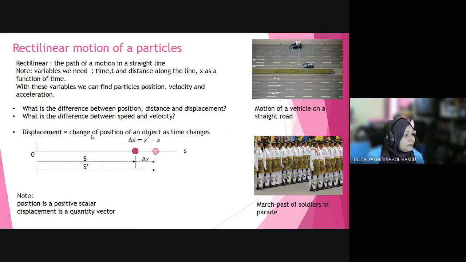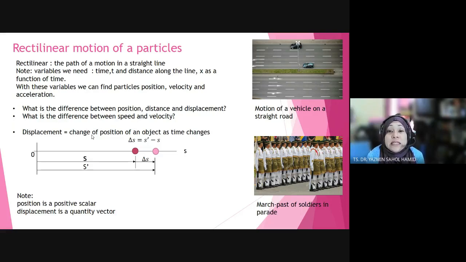Now, another thing in dynamics is the technique on how you learn it. You have to be very familiar with the terms and definitions, because each term and definition means differently. The units can be different, the units can be the same, but the meaning is different. For example, what is the difference between position, distance, and displacement?